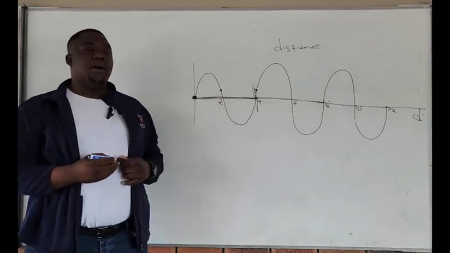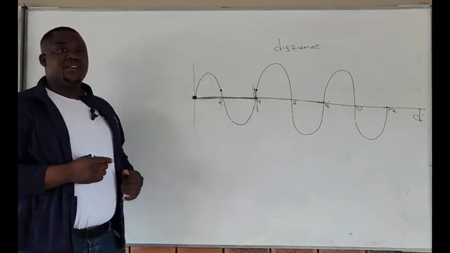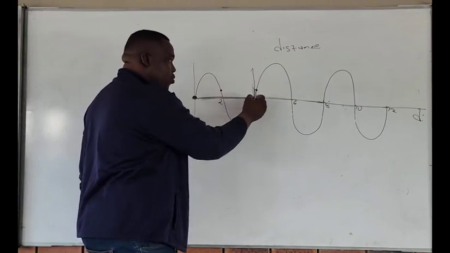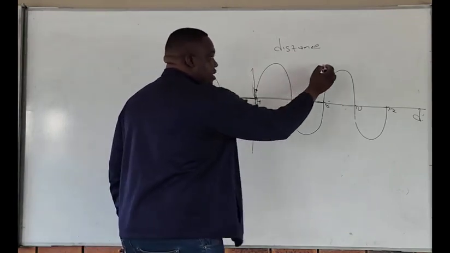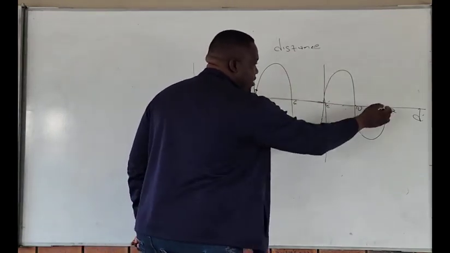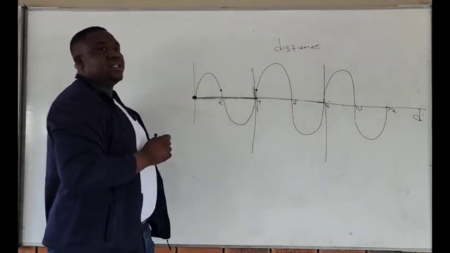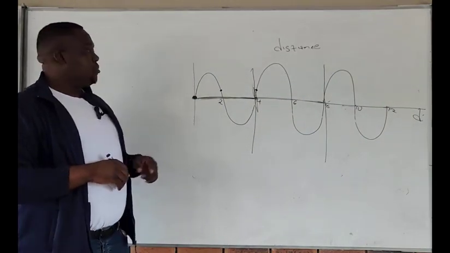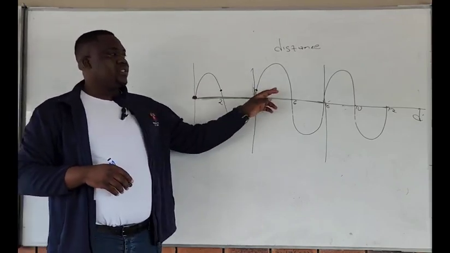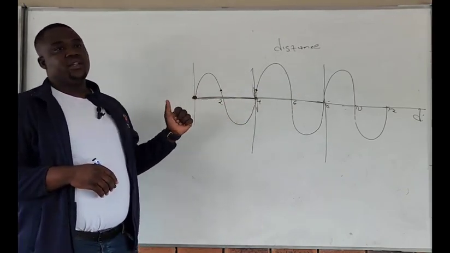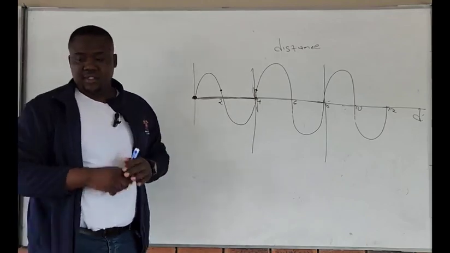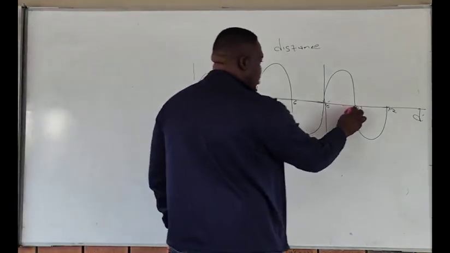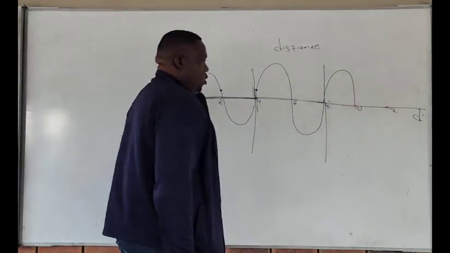The question may come, how many waves do we have here? Here is the first wave. Here is the second wave. Here is the third wave. So we have 3 waves. We must not count these crests and call them waves. We have got 3 waves. If we were having something like this, what would we say?